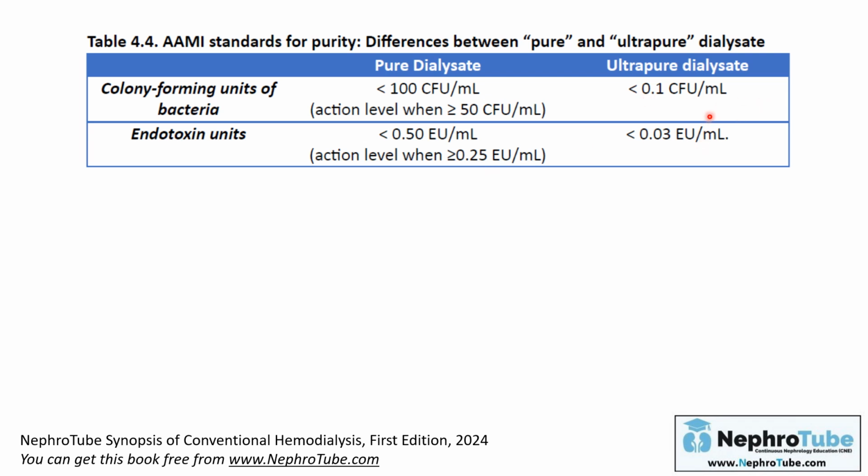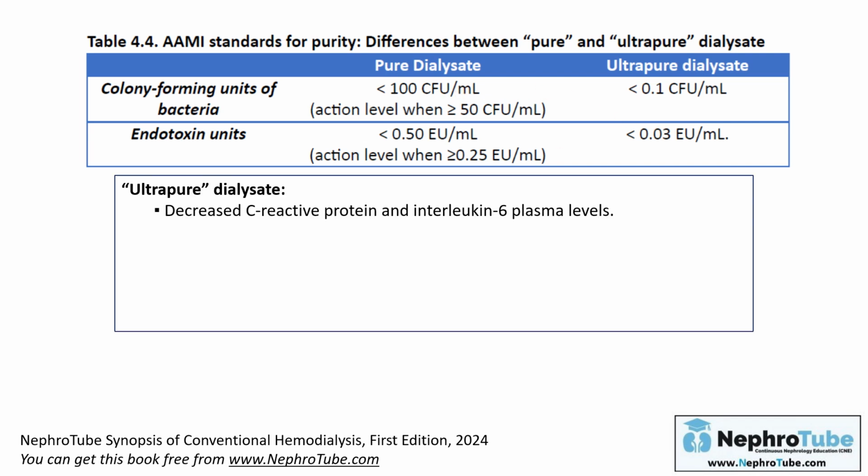But in the ultra pure dialysate, the colony forming units of bacteria are less than 0.1 and the endotoxin units are less than 0.03. So this is more pure than the pure dialysate.